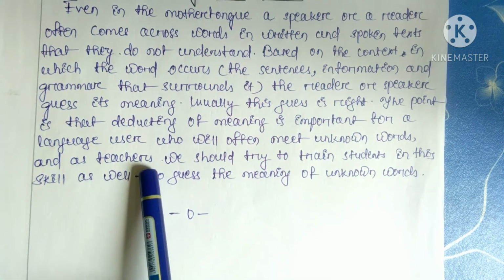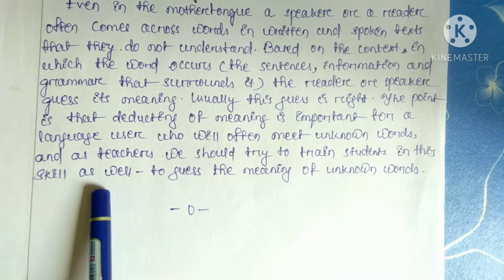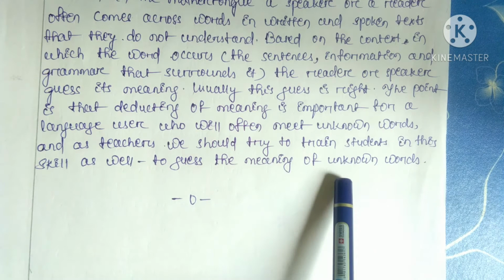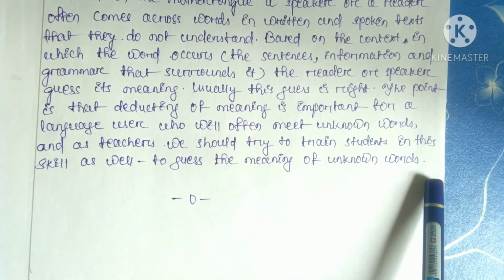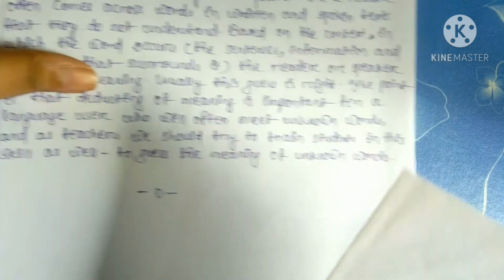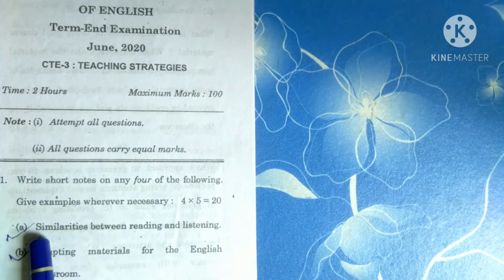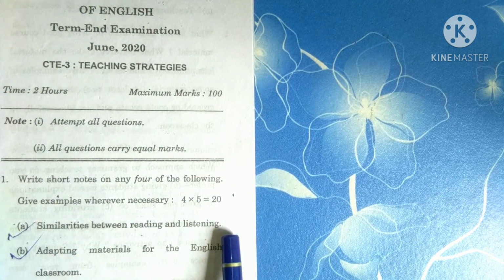And as teachers, we should train students in this skill as well, to guess the meaning of unknown words. So these are all about the first question of similarities between reading and listening.